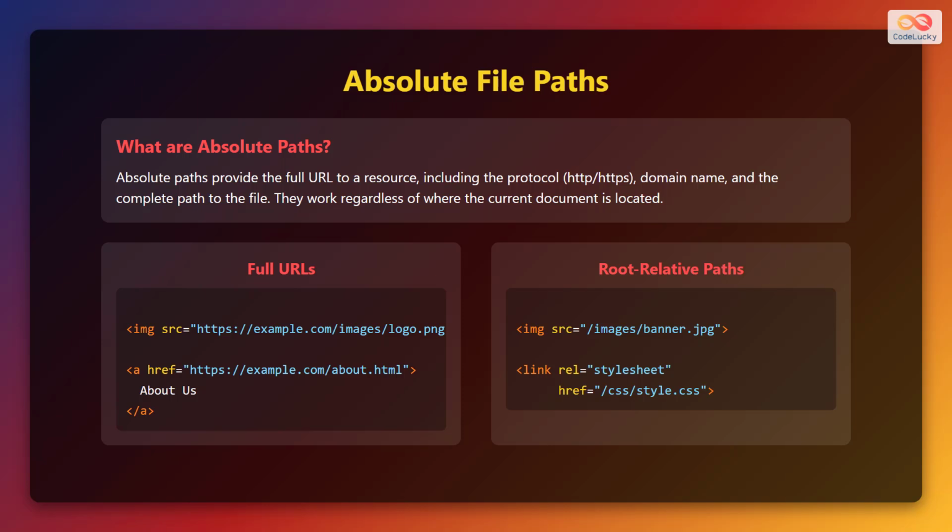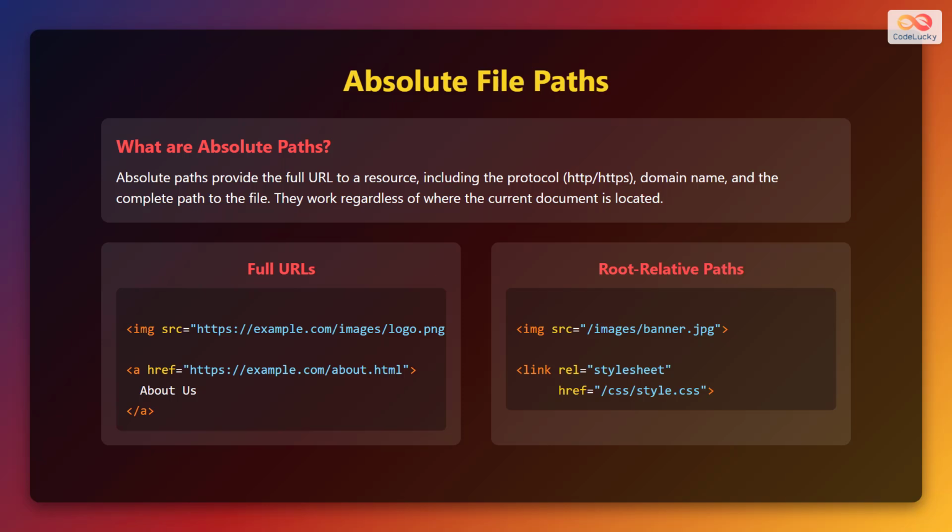Now let's see an example of using full uniform resource locators, or URLs. When linking to resources on external websites, you will use the full uniform resource locator, or URL, including HTTPS. For example, to include an image from another site, you would use img src equals https://example.com/images/logo.png.